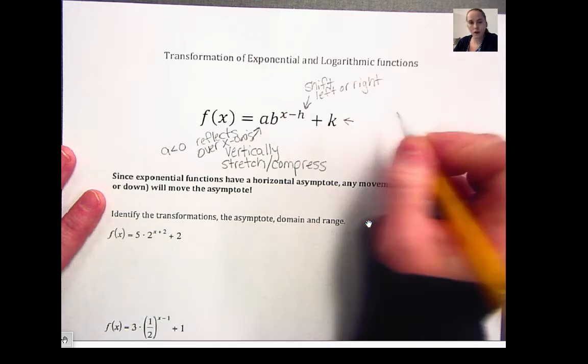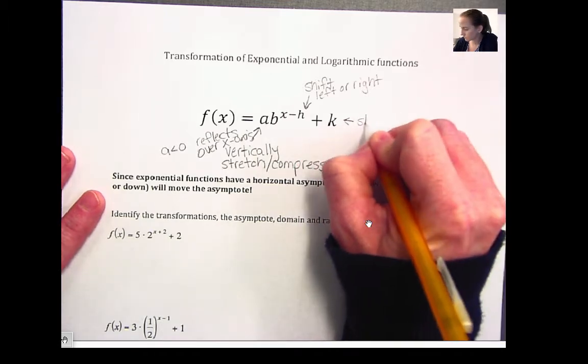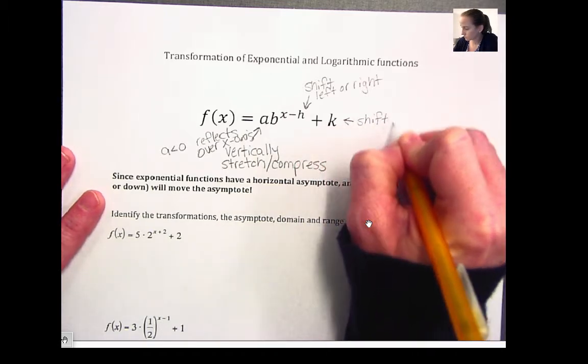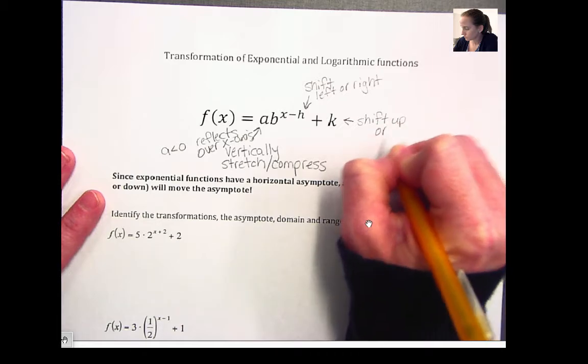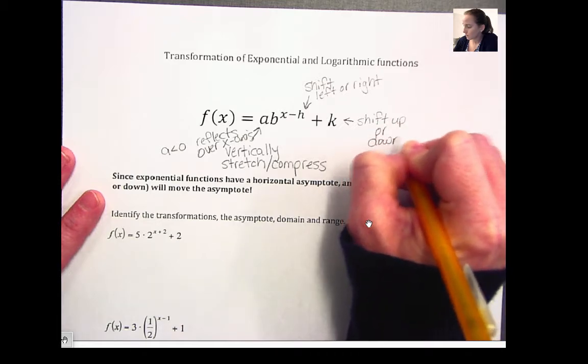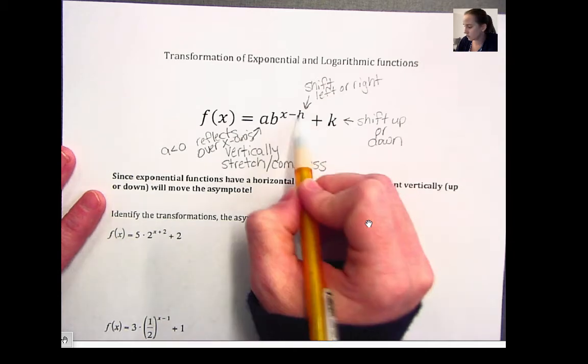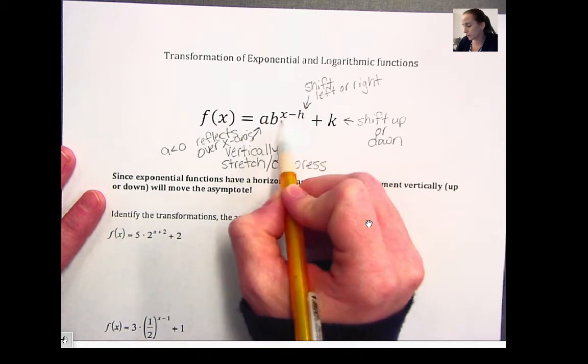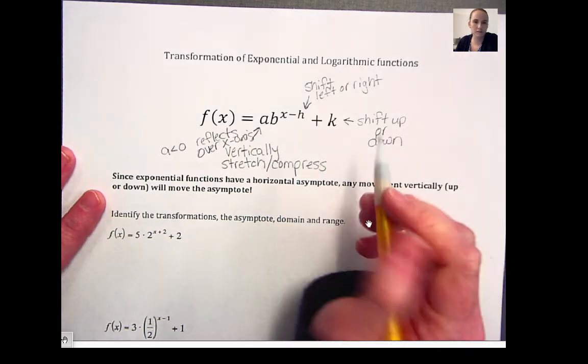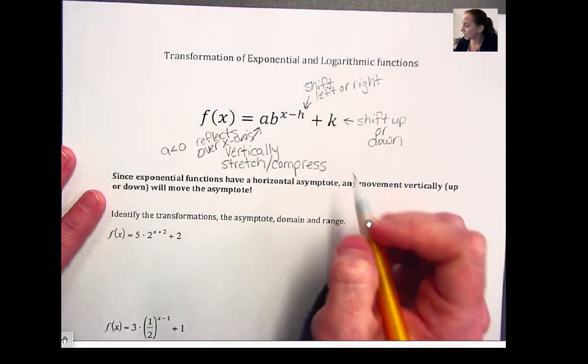That's going to shift up or down. I like to say that the k is on the outside and the h is on the inside. If it's paired up with the x, it's what I consider to be on the inside.